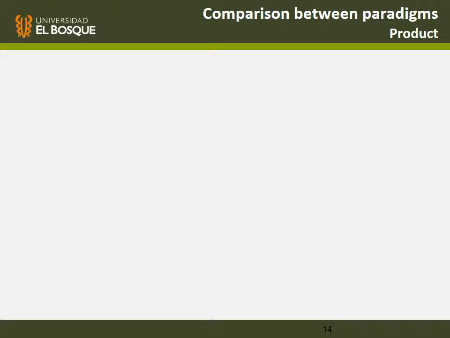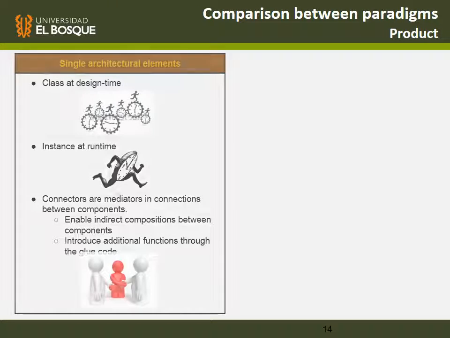Now we're gonna compare between paradigms, and the first item we have got is the product. Therefore, we have the single architectural elements and the composite architectural elements. In the single one, these elements are the classes at design time and the instances at runtime. Plus, the connectors are mediators in connection between components, and they are used as intermediaries between these constituent components, and basically they have two functions.